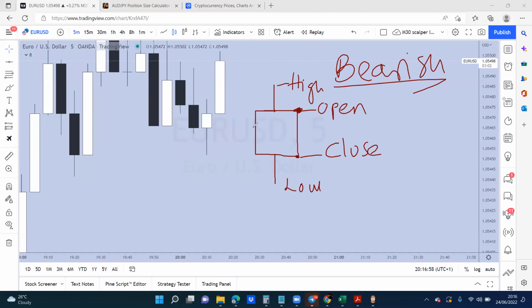Right, so if this is the body of the candle, the information it gives us is that price opened here. And within the lifespan of the time frame, if this is a 5 minutes, within that 5 minutes, when it opened here, there was some point where buyers were very, very bullish.